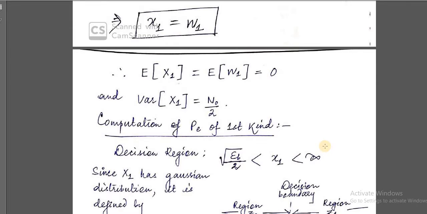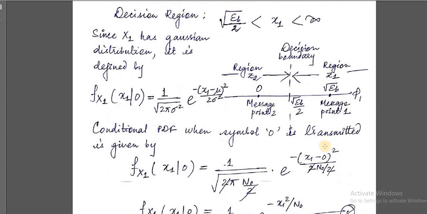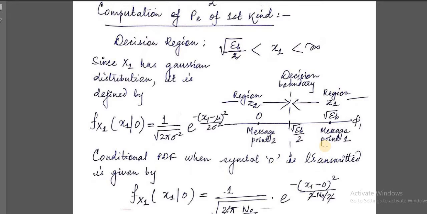Now we will compute the probability of error of the first kind. What exactly is probability of error? I have assumed that I am transmitting binary 0. Now if at the output of the decision device I am able to detect 0, I am able to take a decision that 0 was transmitted, then absolutely there is no error.